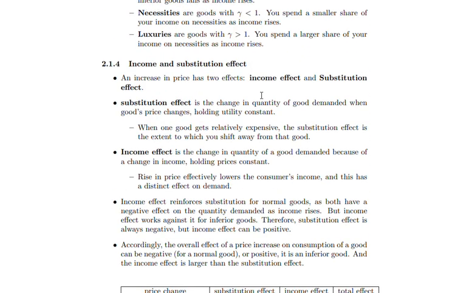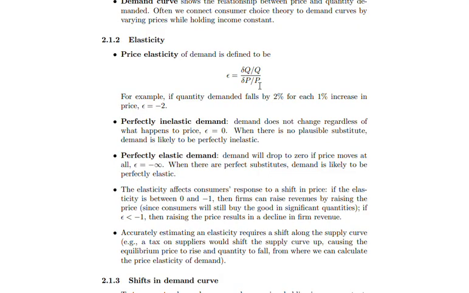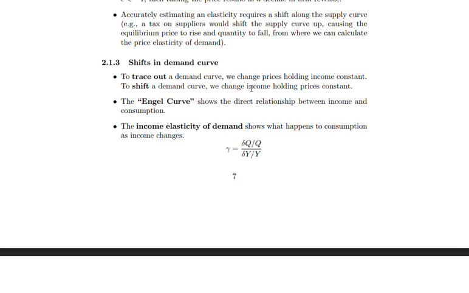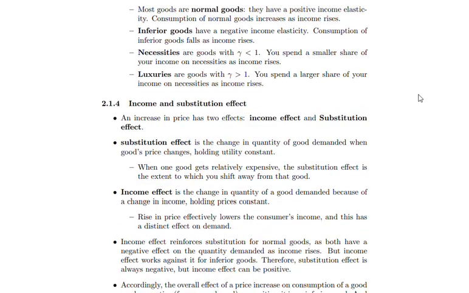And we also defined the demand curve and the elasticity of the item. The Engel curve shows how changes in your income affect your consumption of goods. We have normal goods, inferior goods, necessities, and luxuries.